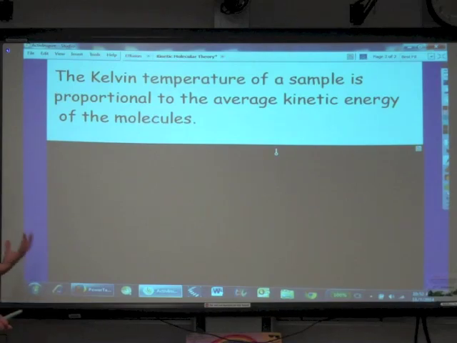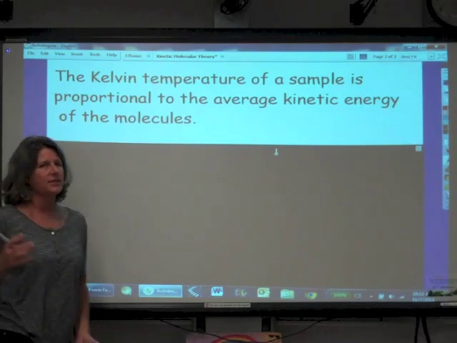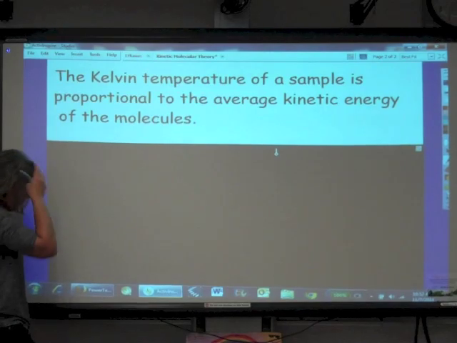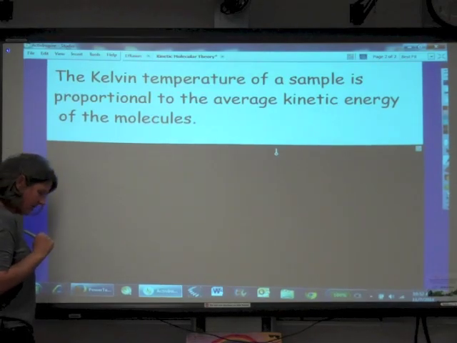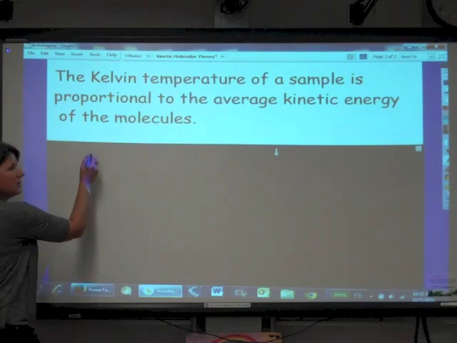So if we're talking about gases, then temperature measures the average kinetic energy of the molecules of that gas, because we're relating all of this to gas right now. Now, another piece of information that is important in terms of describing behaviors of gases is pressure.